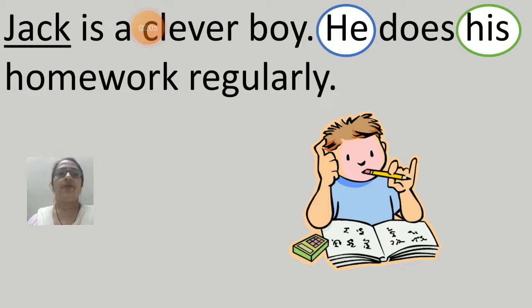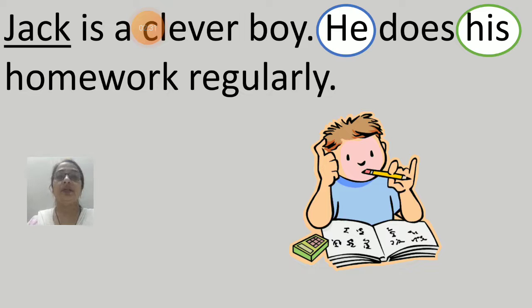Now children, while reading these sentences, you must have seen that some words were underlined and some words are circled. The words which are underlined are nouns, isn't it? Girl, Vera, Sarah, then bird, Jack.